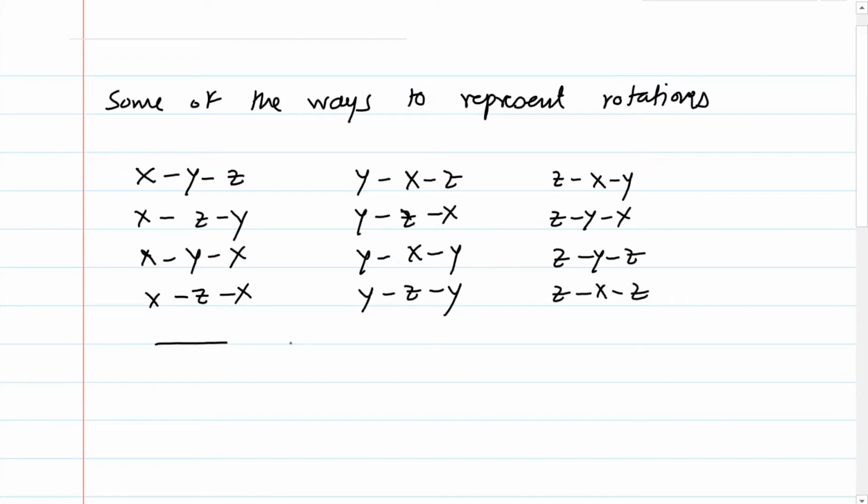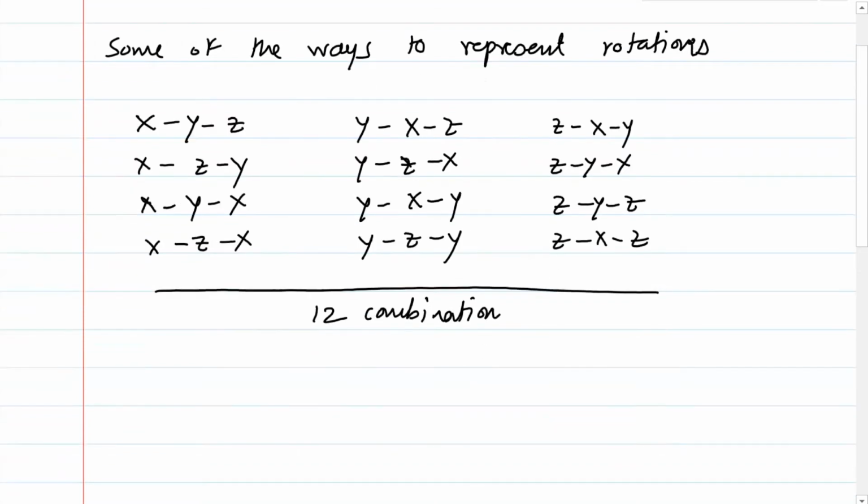So we have 12 combinations. As I said, these are just some of the ways we can do rotations. The way we do this is known as Euler angles. There are 3 angles used to describe the rotation of an object in 3-dimensional space.